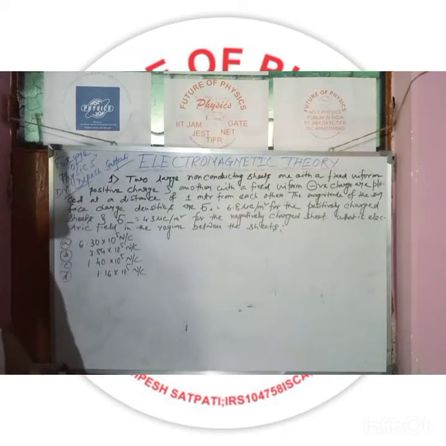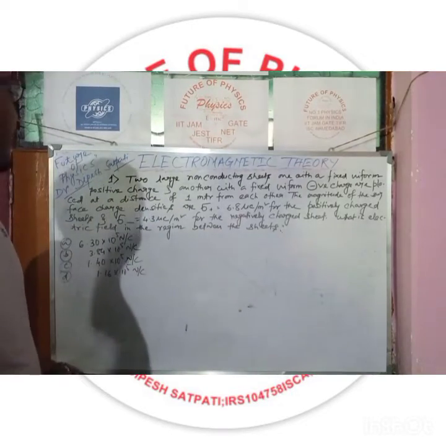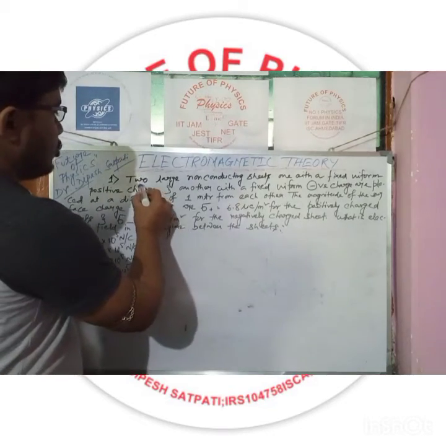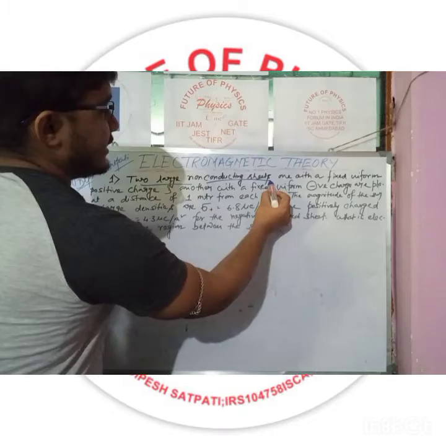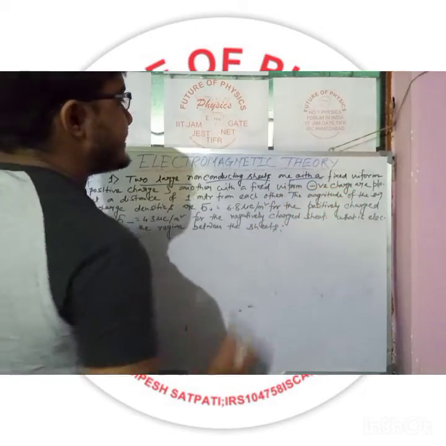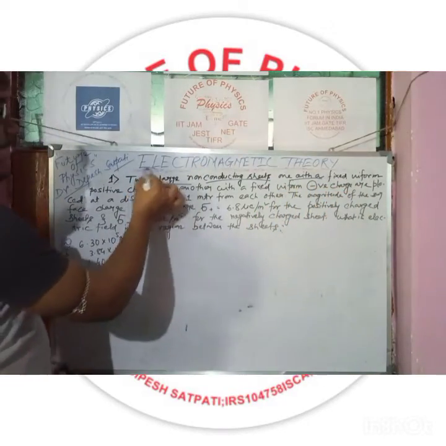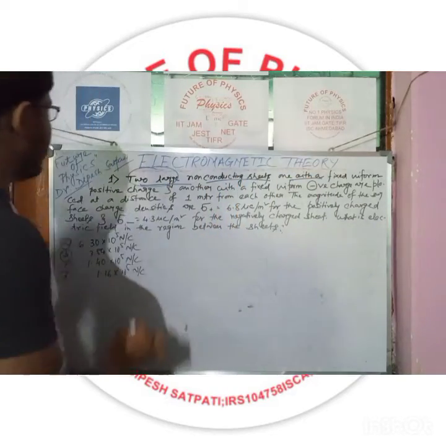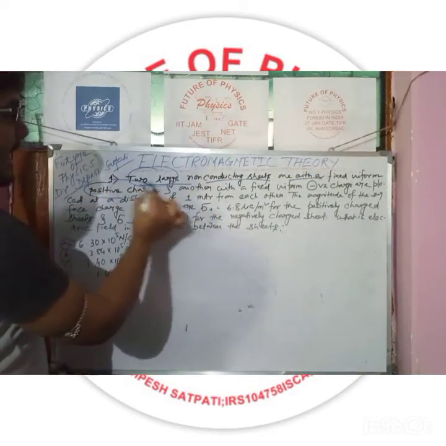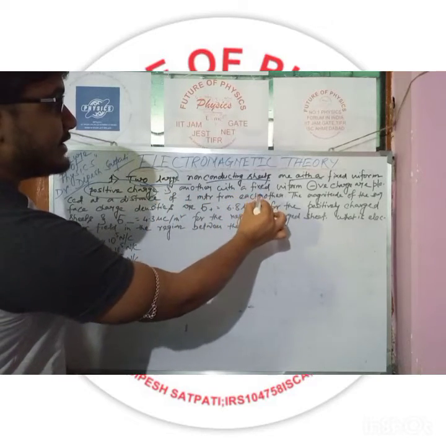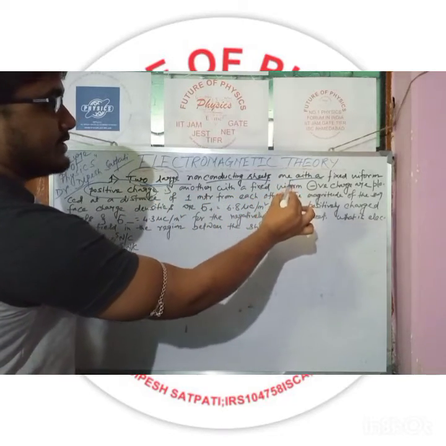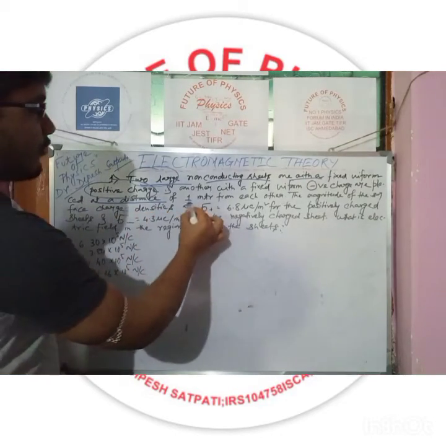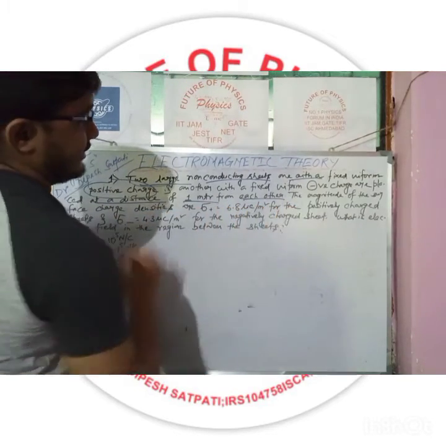Students, today's first question is only for JEST and GATE. Two large non-conducting sheets, one with a fixed uniform positive charge and another with a fixed uniform negative charge, are placed at a distance of 1 meter from each other.